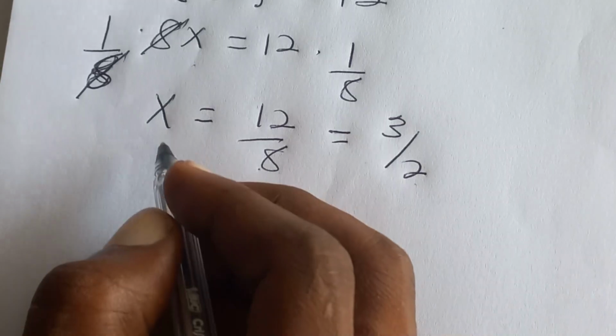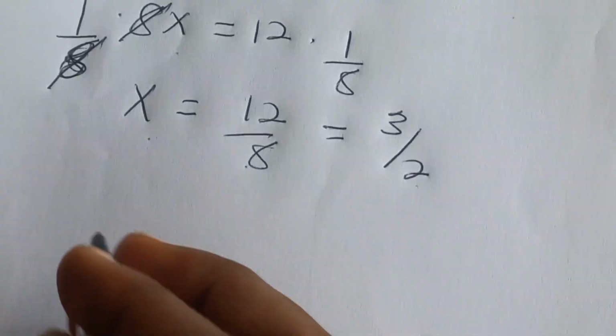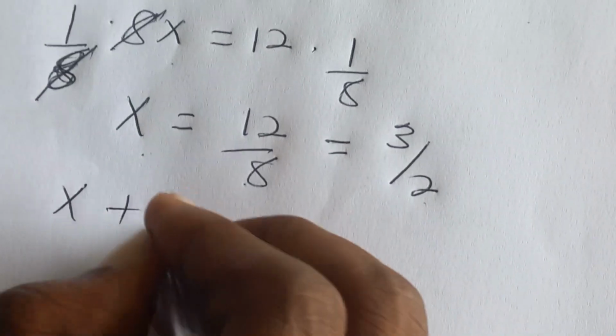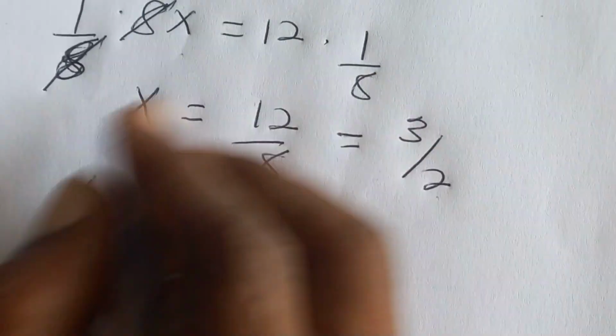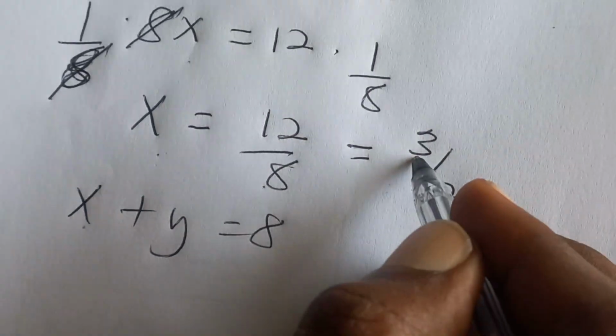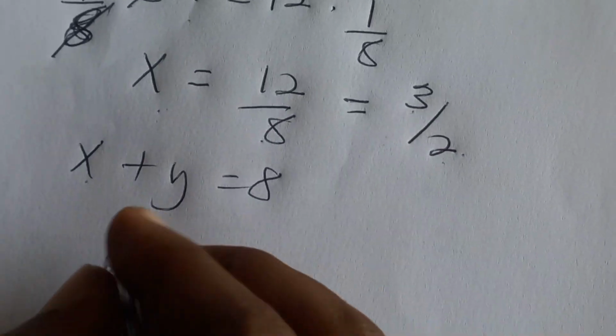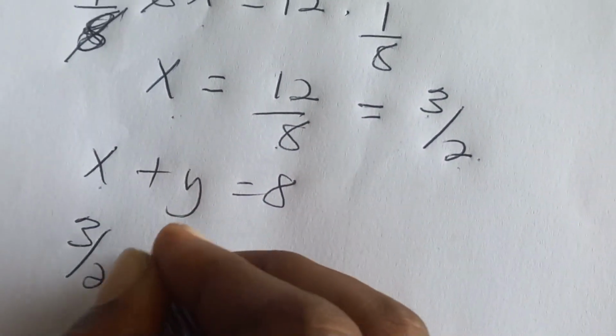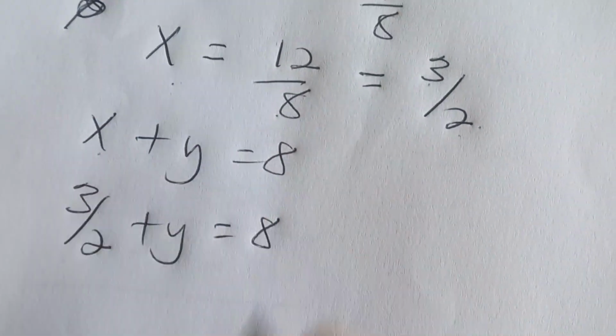Now this x, we put into equation 2. So we are going to get x plus y is equal to 8. In this case, our x here is 3 on 2. So we get 3 on 2 plus y is equal to 8.